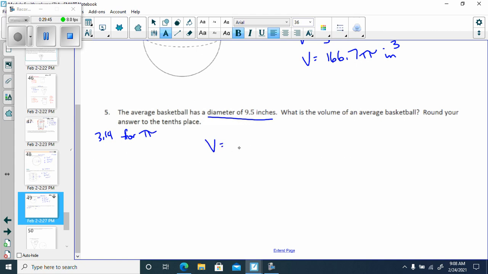Volume: 4/3 pi r cubed. That's 4/3. Substitute in 3.14 for pi. If my diameter is 9.5, my radius would be half of that. So you divide 9.5 by 2. You would get 4.75 for the radius.